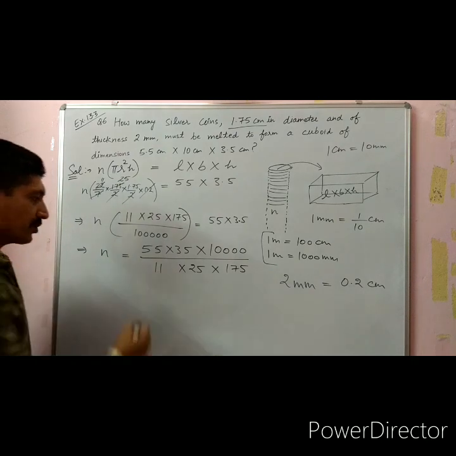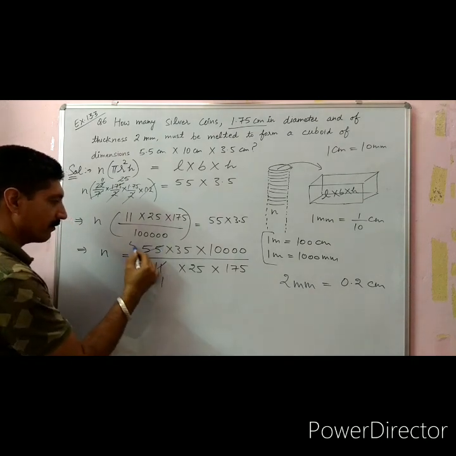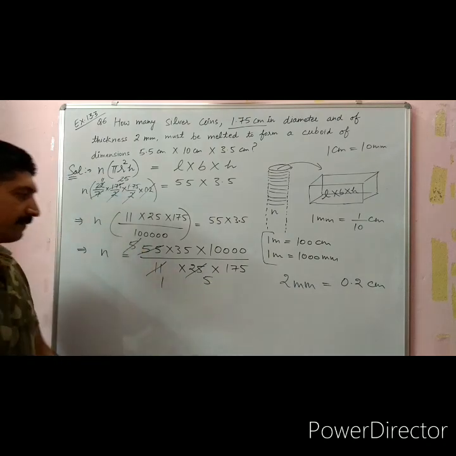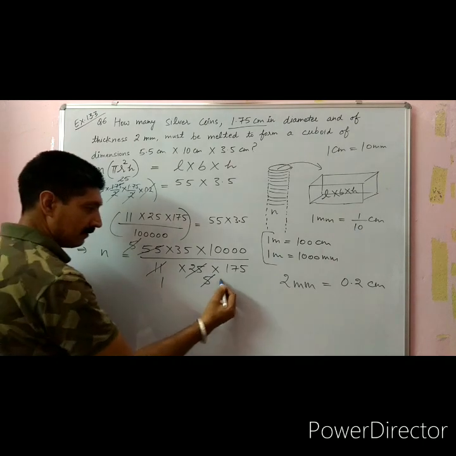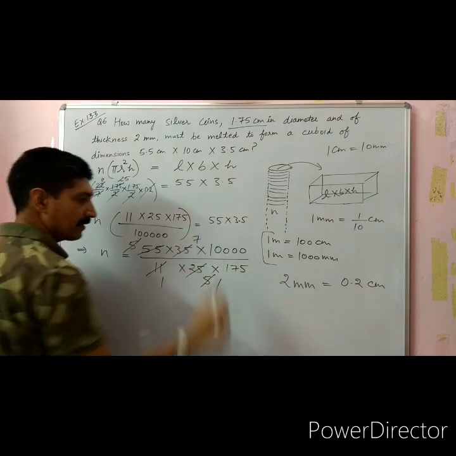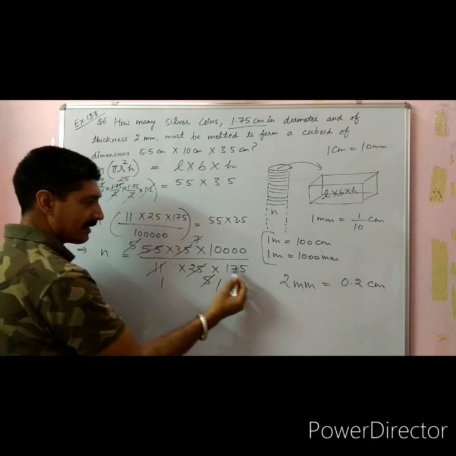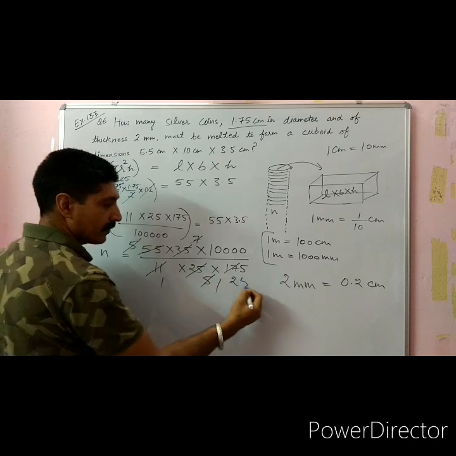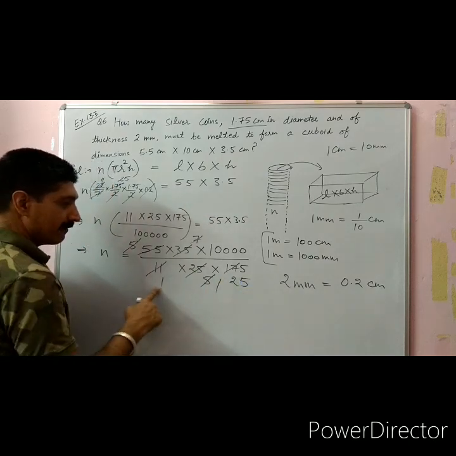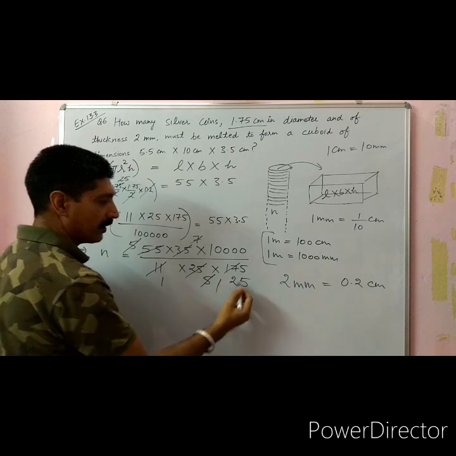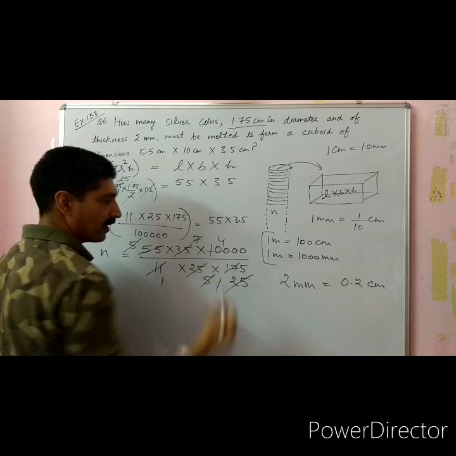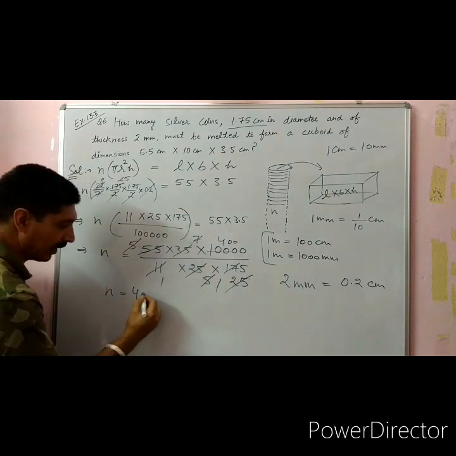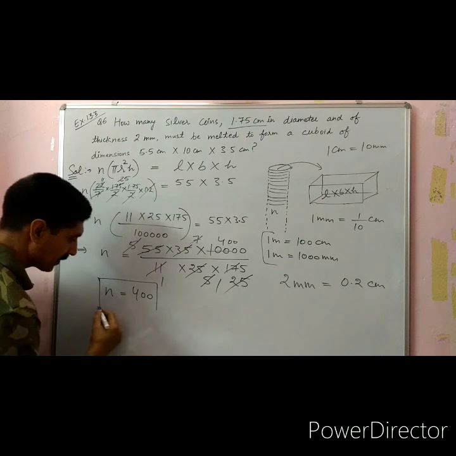So we will go for the calculation. 11 ones are 11, 5 ones are 5, this is again 25, 5 ones are 5, 5 sevens are 35, and 7 ones are 7, 7 twos are 14, 3, 25. So again we have 10,000 upon 25. So 25 fours are 100. So the required number of coins is 400.